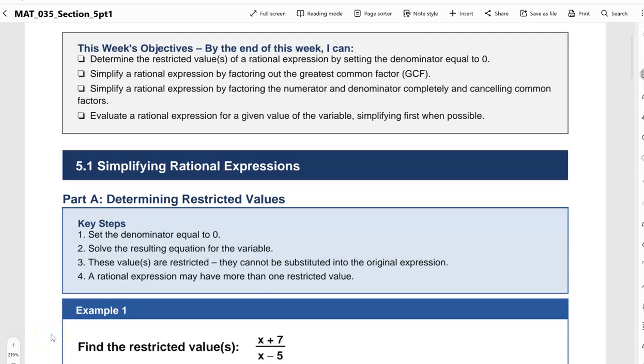Hello, everyone. We're going to start this unit on rational expressions.